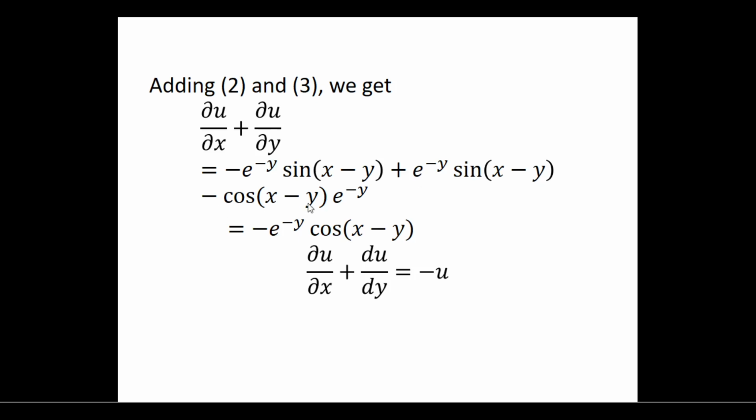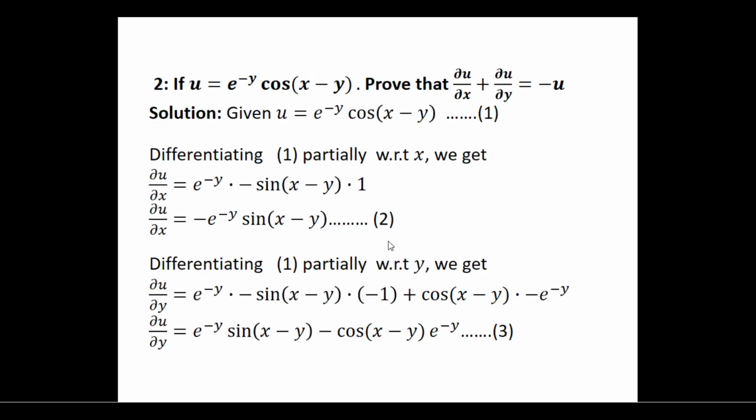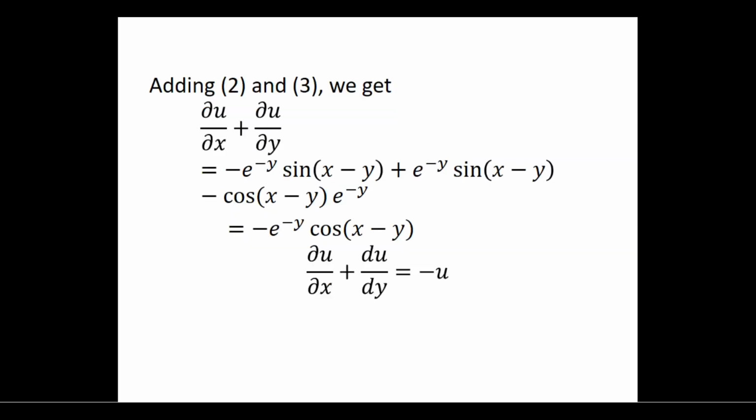You will be left with just this term: -e^(-y) cos(x - y). But what is this? Look here. This is nothing but the function u. So here we replace this function with u, and you have the minus here. Therefore it is -u. Hence the result.